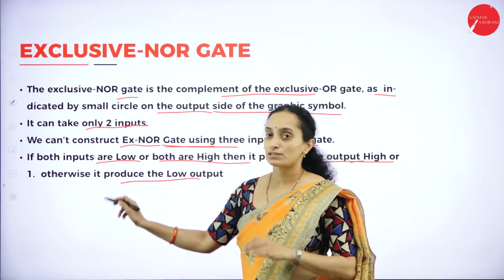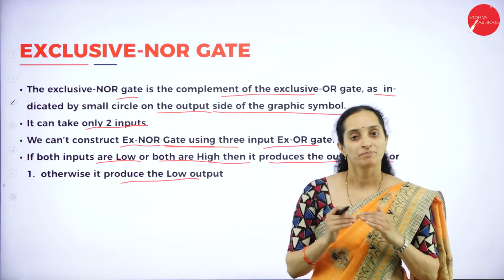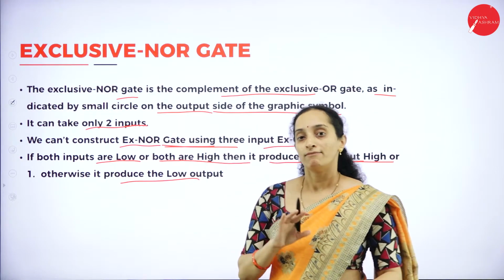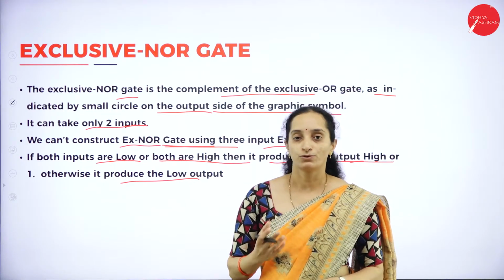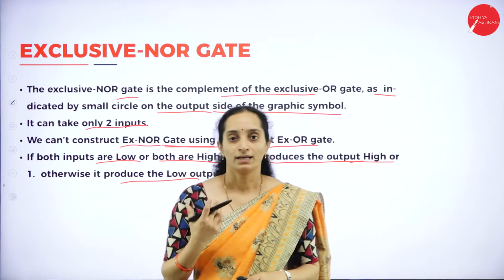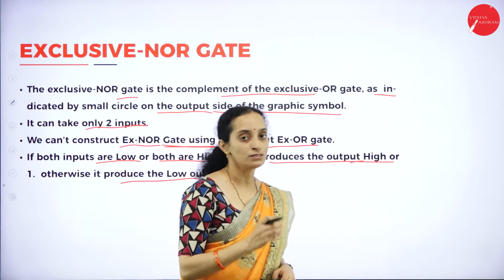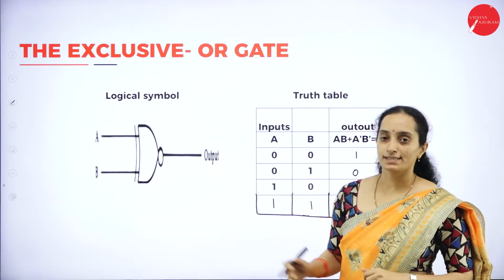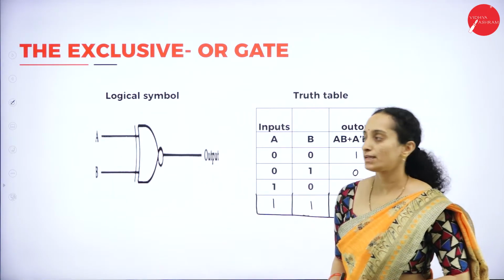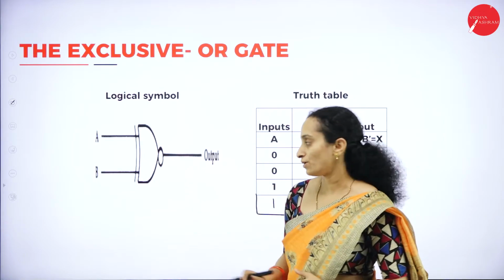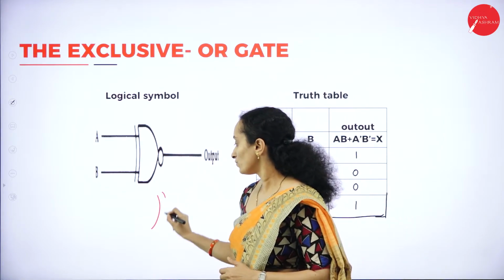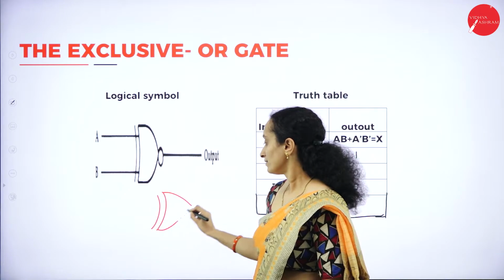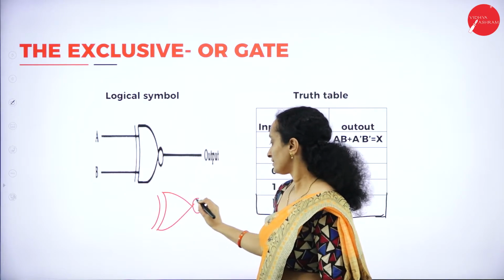Otherwise, it produces the low output. That means when you have varying input, the XNOR gate will produce the low value. This is the logical symbol and the truth table of the XNOR, where you use the XOR symbol with a circle.